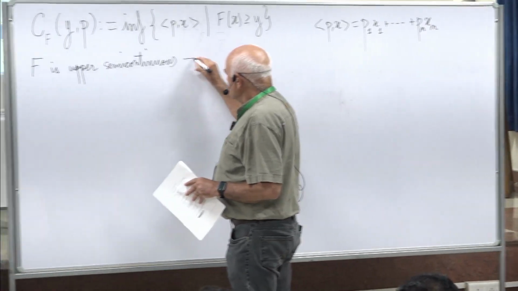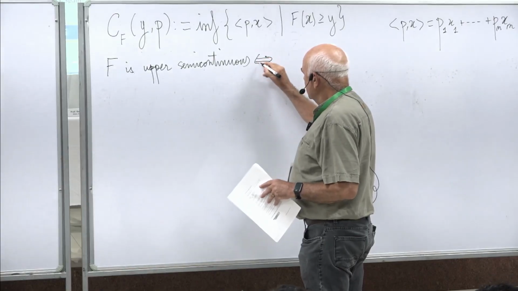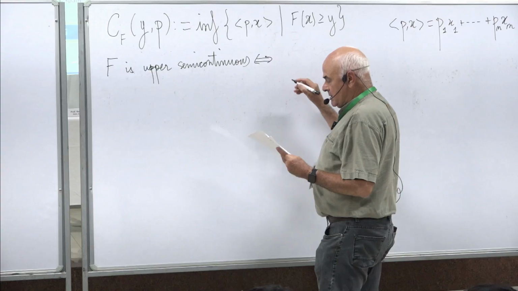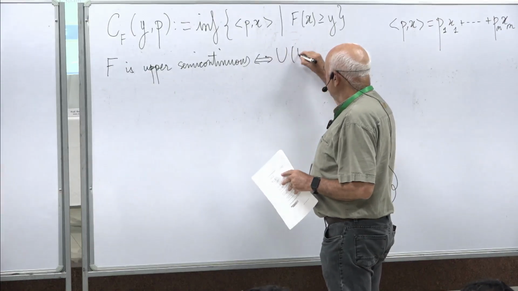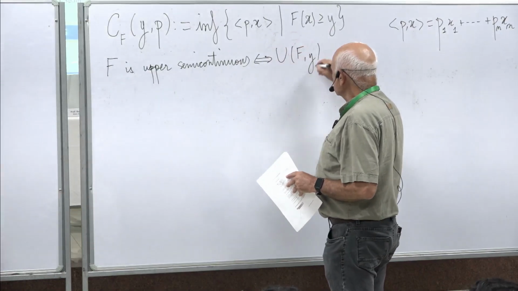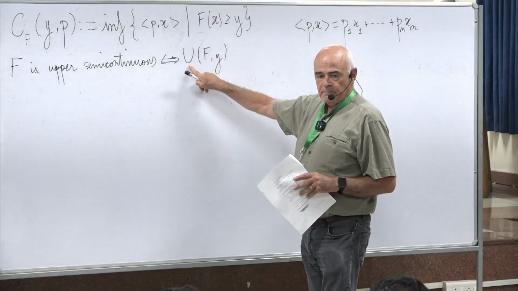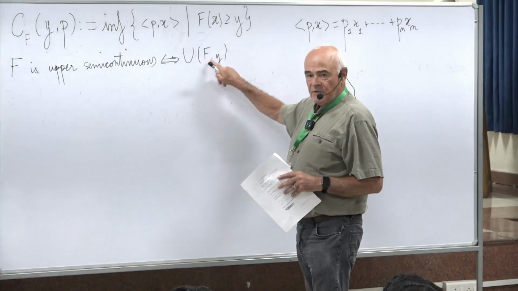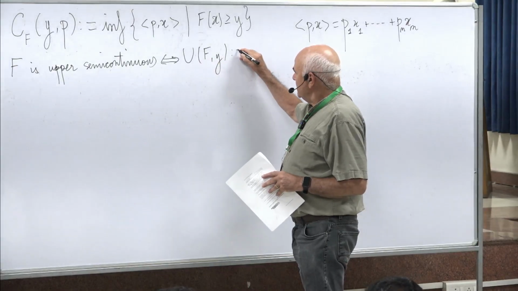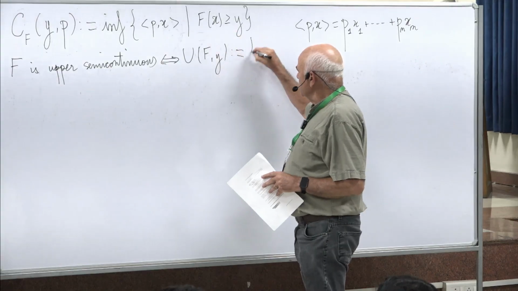f is upper semi-continuous means that the upper level sets of f, U stands for upper level set of f at the level y, is by definition this set.